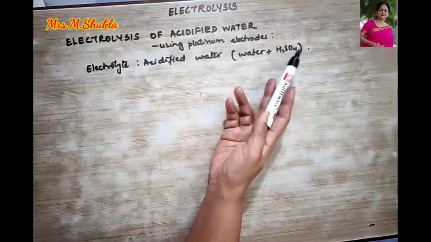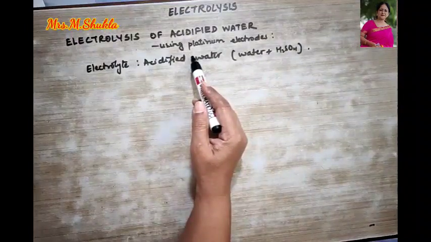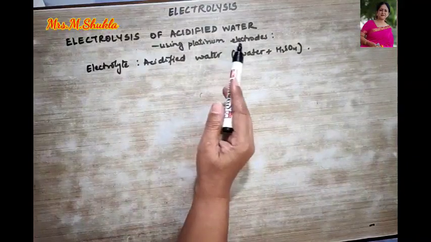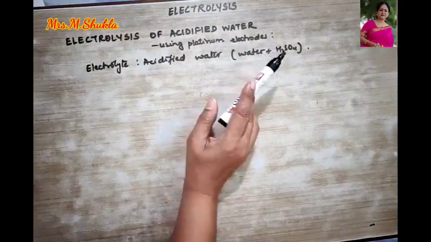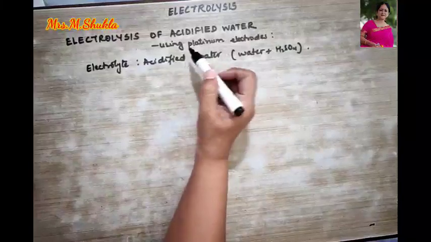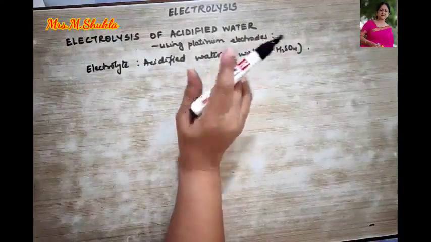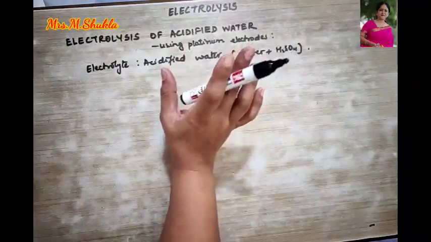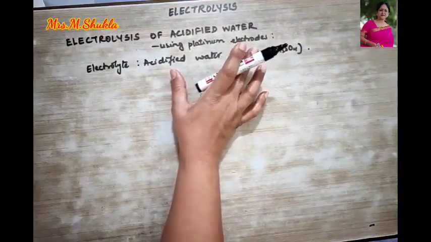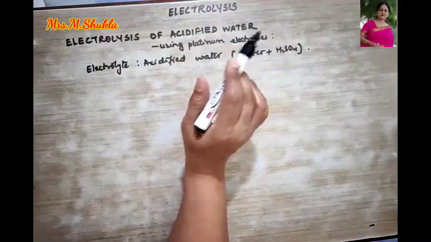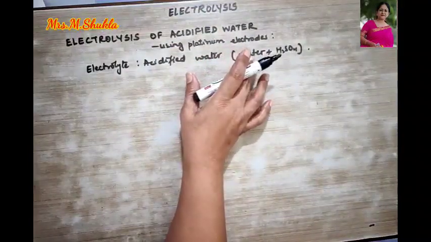So when we add these drops of sulfuric acid to the water, the ions are formed and hence it will now allow electricity to pass through. Now we are using platinum electrodes. So platinum electrodes are inert, right, and they are connected by copper wires to the two terminals of the battery. Is this point clear to all of you?